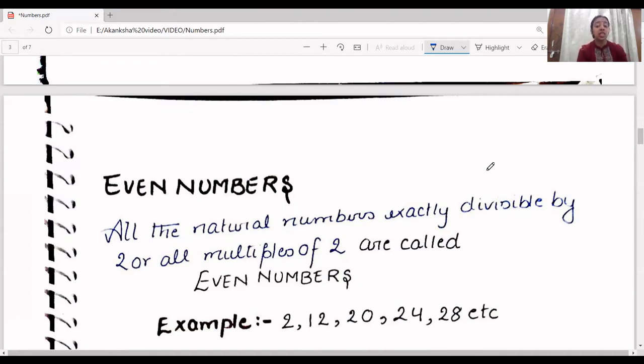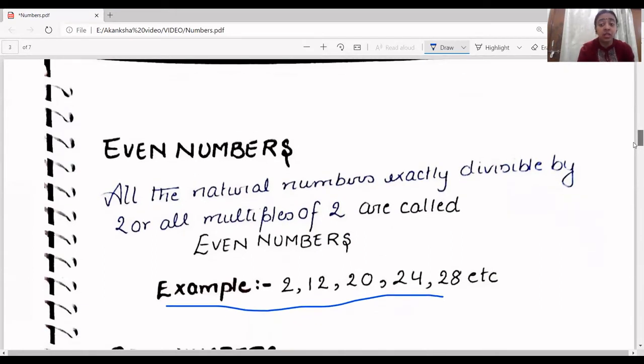Or you can say anything that is completely divisible by 2, that is also called an even number, right? So examples of even numbers are also mentioned here: 2, 12, 20, 24, 28. All these numbers, when you divide them by 2, are completely divisible. Or you can say all these numbers are multiples of 2. Or you can say they come in the table of 2, right?